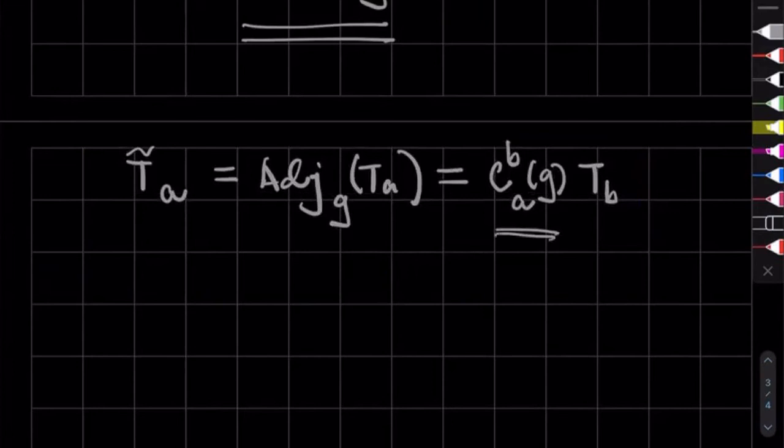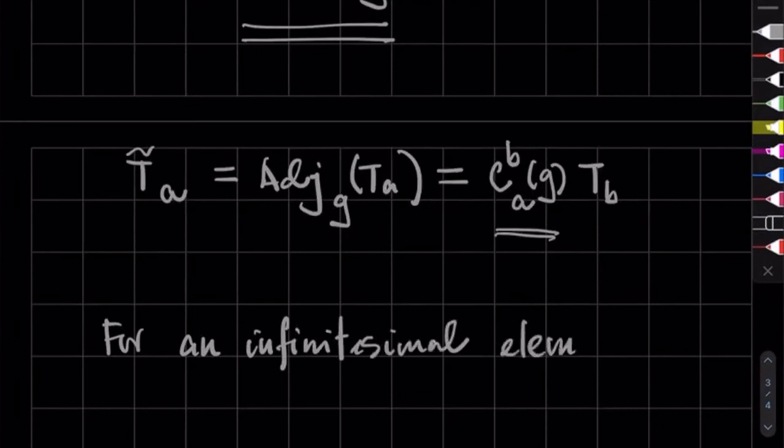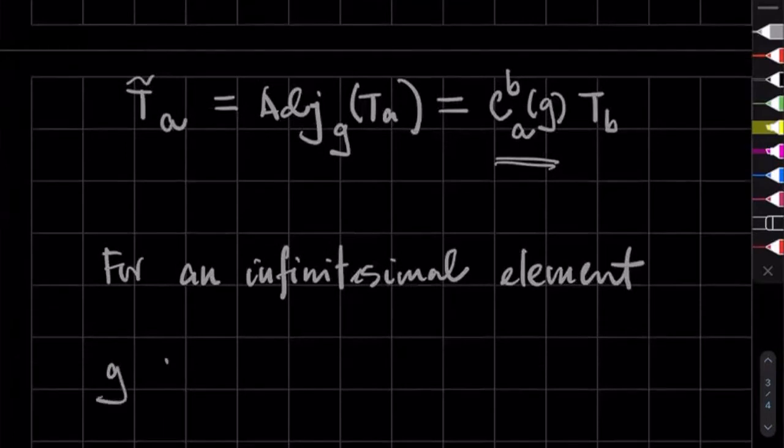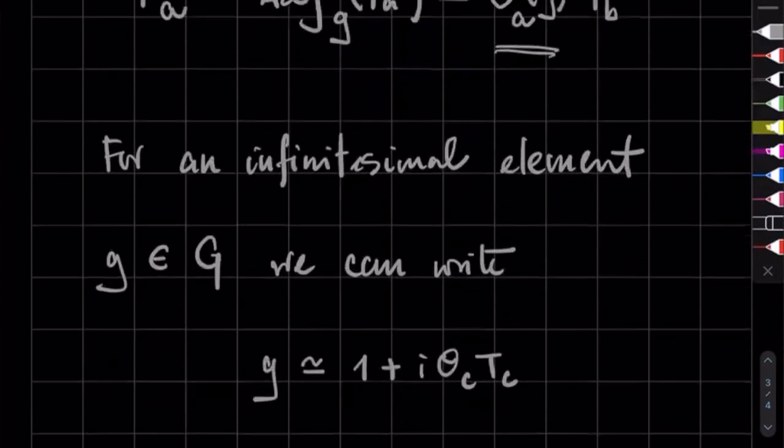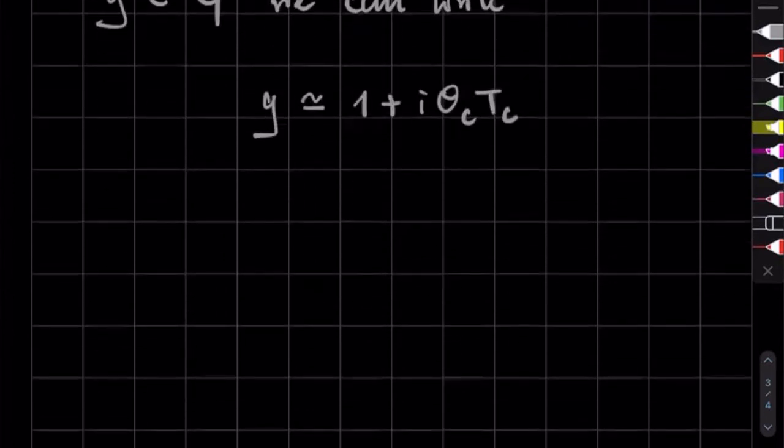So we now want to find what these C's are. Now, let's take an infinitesimal element of the group, say small g of G. We can write g as 1 plus i theta^C T_C, right? Because C_AB are functions of G, we can do a Taylor expansion.